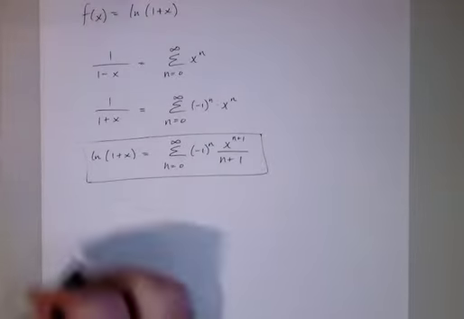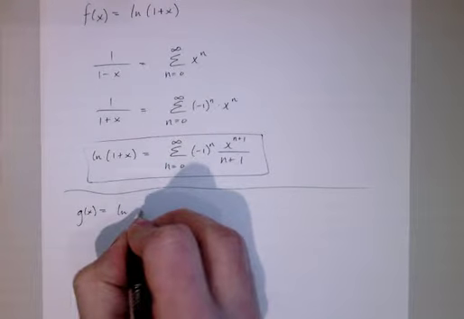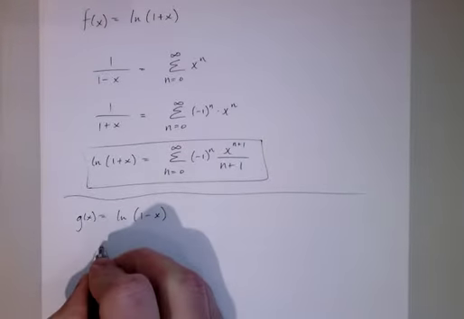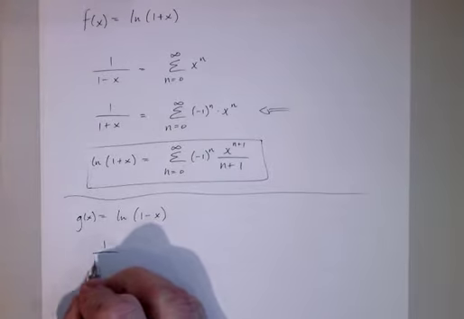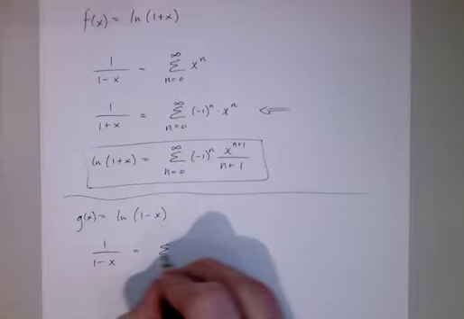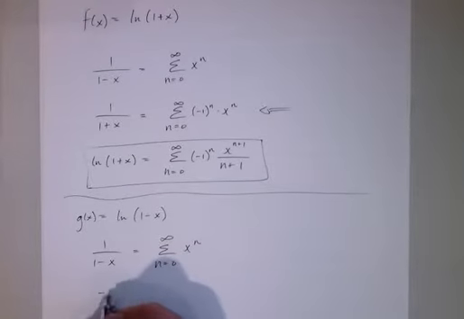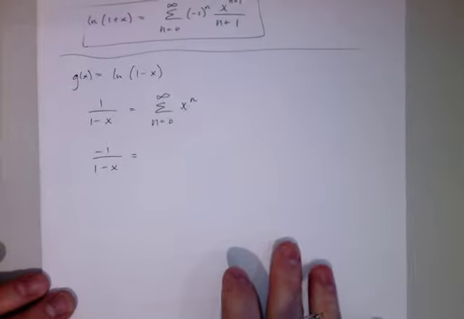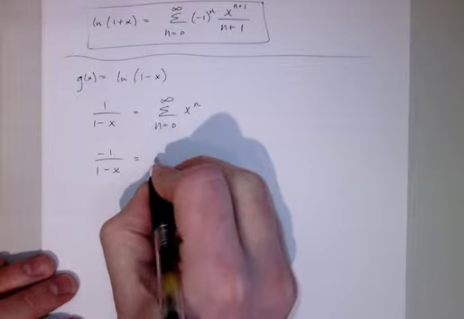So if I've done that one, then doing, say, g of x equals the natural log of 1 minus x shouldn't really be that much different, right? But instead of going to this step right here, we have the sum, n equals 0 to infinity, of x to the n. We have to have a negative in that numerator to ensure that the numerator is the derivative of the denominator in order to properly integrate.